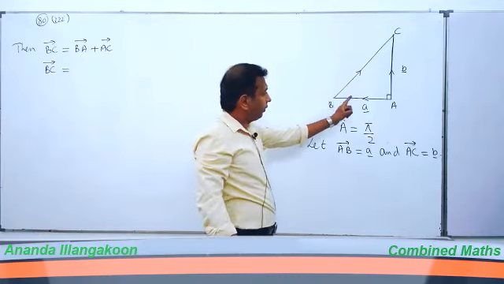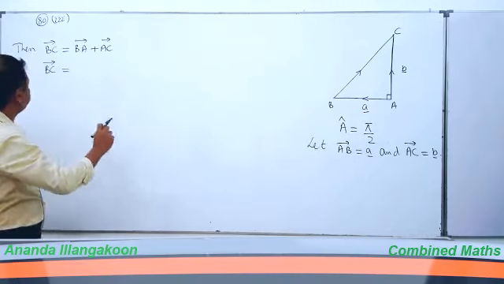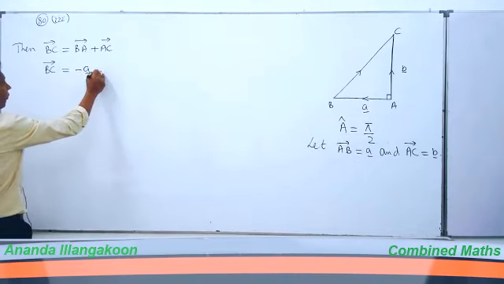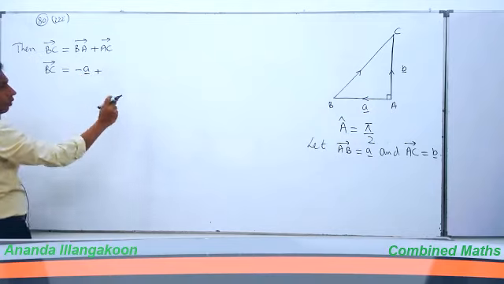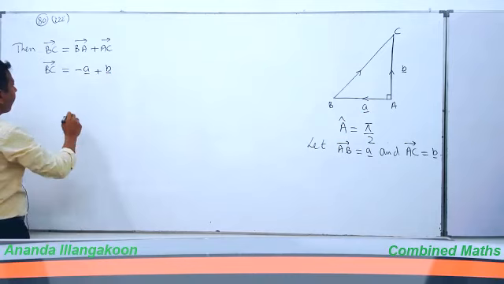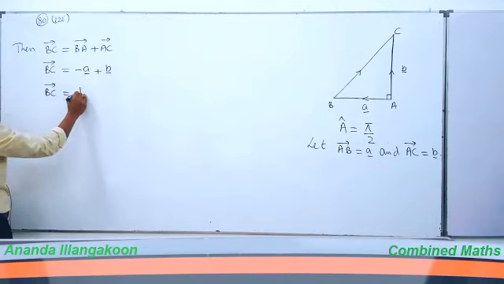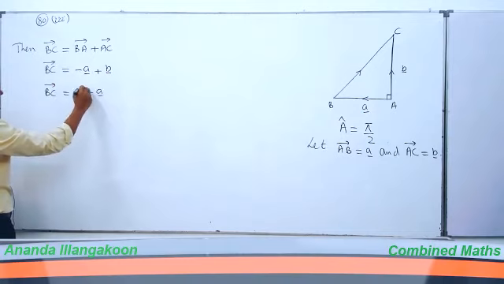The B to A vector is minus a vector. The A to C vector is b. Then this BC is b minus a.